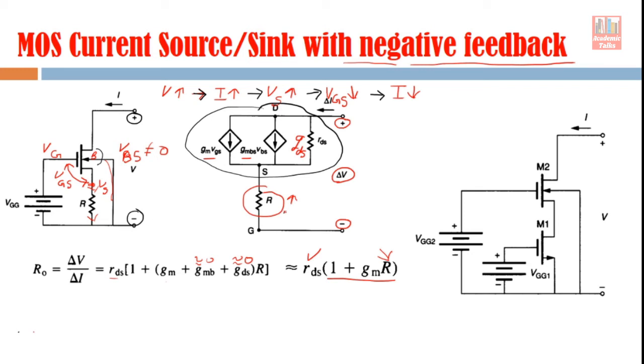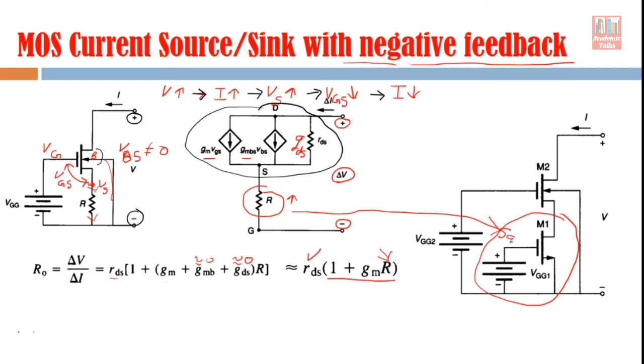You see, whatever resistance is here is replaced by this arrangement. This resistance is replaced by this circuit. In the circuit, there is a MOSFET device, and this MOSFET device is biased here. It means this is also a type of current source, and this device is biased in the saturation region.